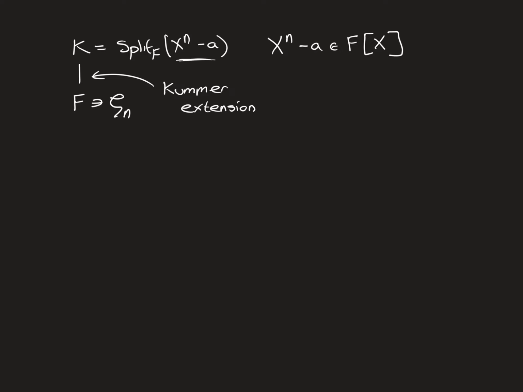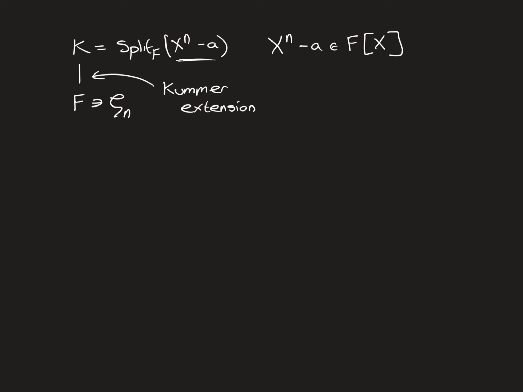By proving it satisfies definition 2, I've already shown that it will satisfy definition 1. We don't know what the polynomial is, but there will be some different polynomial for which it satisfies definition 1 of Kummer extension.